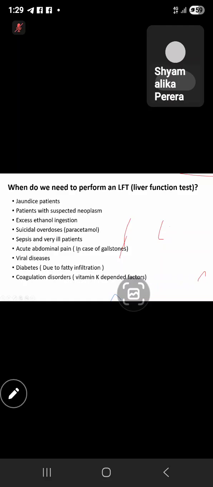Sepsis and very ill patients, acute abdominal pains in case of gallstones, because in patients with gallbladder stones, you can immediately observe the jaundice or the bilirubin in your blood. Sometimes abdominal pain, so if you are suspecting with the abdominal pain, you can go with the LFTs.